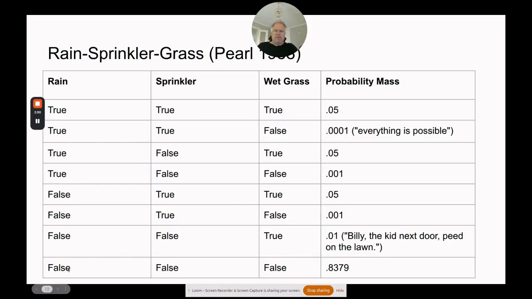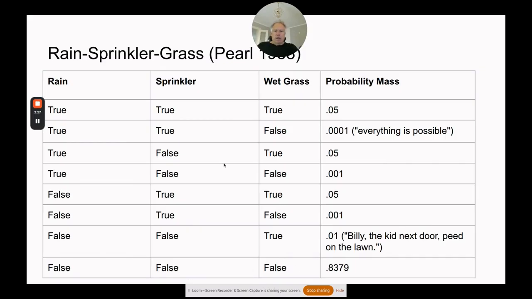The most common thing is that it's not raining, the sprinkler's not been on. A sprinkler, by the way, for the Swedish speakers, is the thing that moves and waters the grass. The vast majority of the time, 83% of the time in fact, it's not raining or hasn't rained, no sprinkler, and also no wet grass.